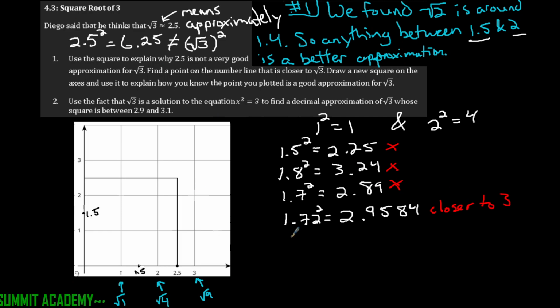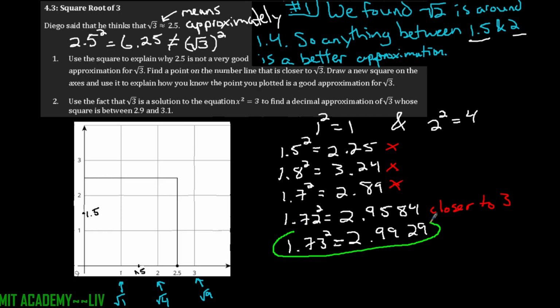So let's keep going. What about 1.73 squared? This is going to be 2.9929. So that's really close, and that's probably our best bet right there.